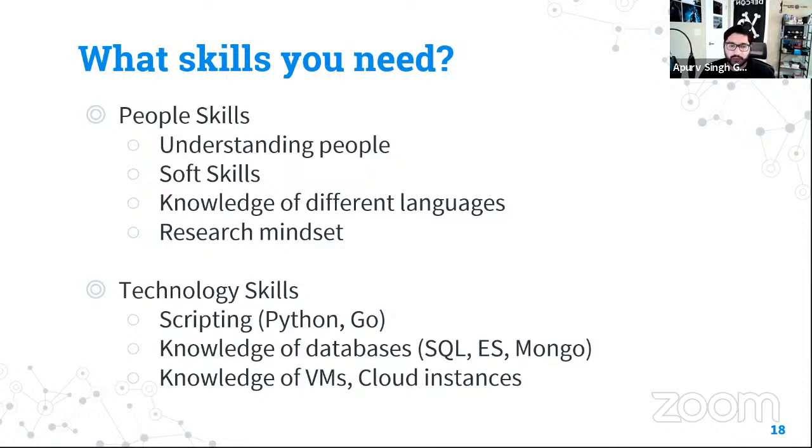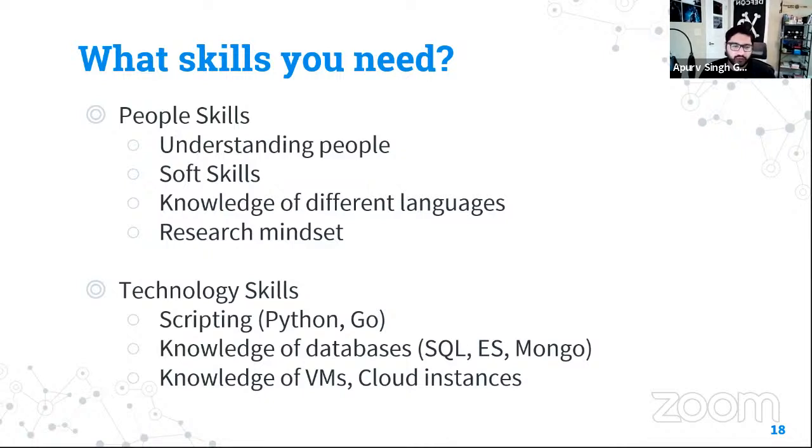So starting with people skills, why is it important? I will talk more about why. What kind of people skills? Understanding people, basically, knowing how these threat actors on the dark web talk, how they post things, what their typing behavior is.